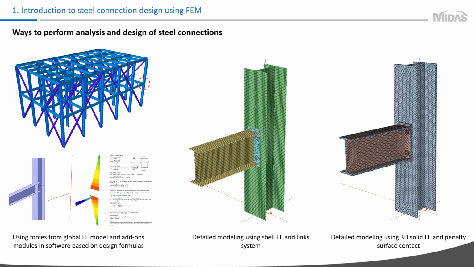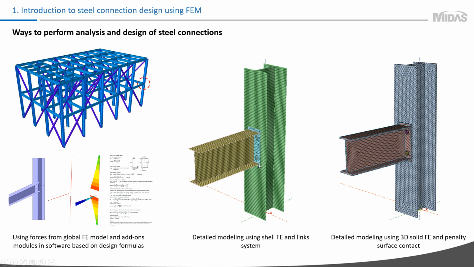Here, the global model is mostly created using beam or truss finite elements, and from this global model, the engineer extracts connection and member forces, and then performs design of the connection using a special design model or some external software. And this software usually includes formulas and safety criteria according to the design code.